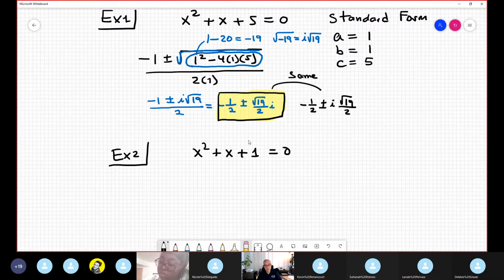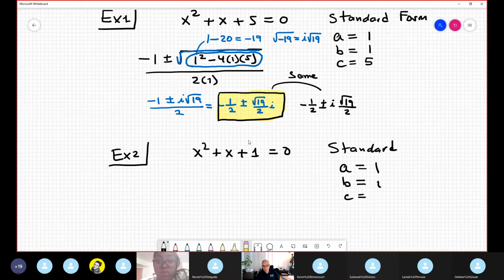Okay, suppose this: X squared plus X plus 1. It's already in standard form. To determine A, B, C, well, in this case, it's easy. Everything is 1.